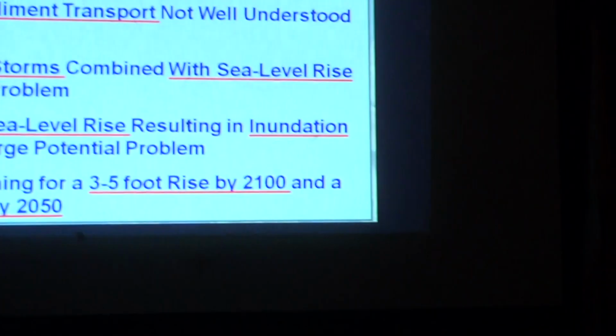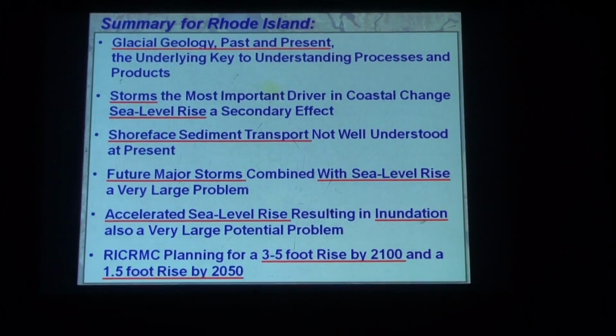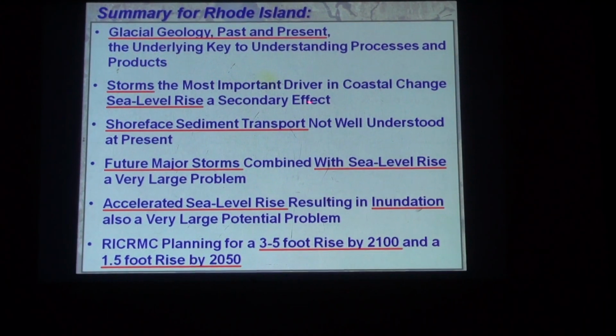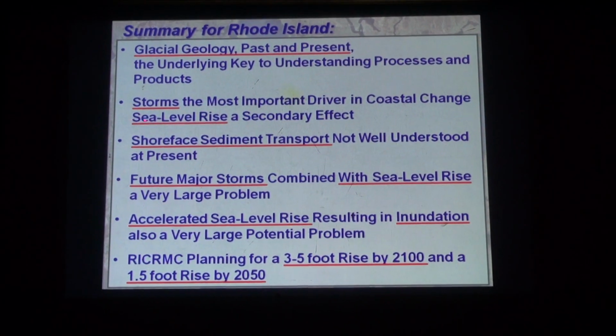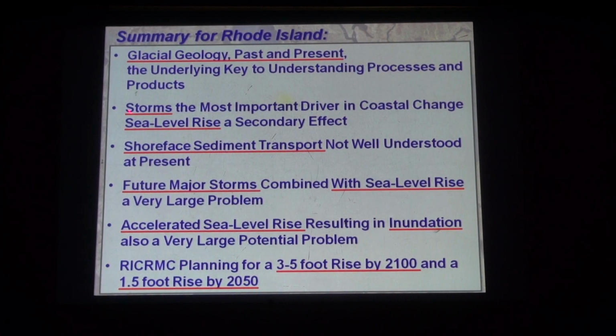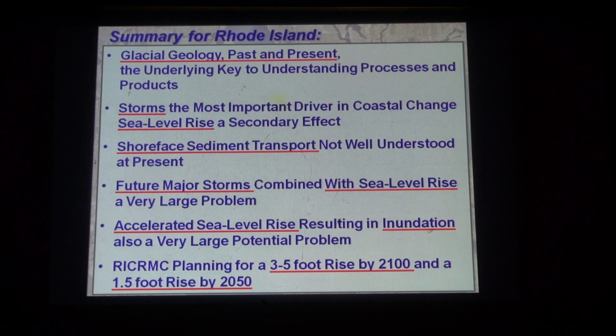I'll give you this. There's 2 summaries. I'll give you this summary first. First of all, the glacial geology is the key to understanding the processes and products we're going to do because the place is glaciated. The storms are the most important driver in coastal change. Sea level rise is a secondary effect. They go together, but really it's storms. Shore face sediment transport is not well understood at present, and that's what we're going to really work on in this SAMP, one of the things.